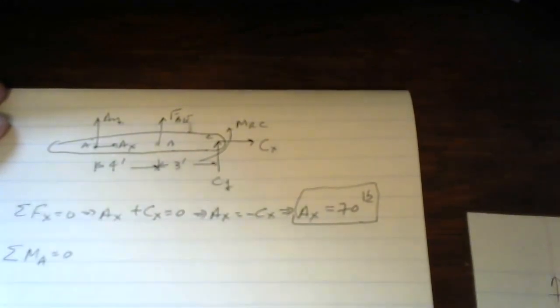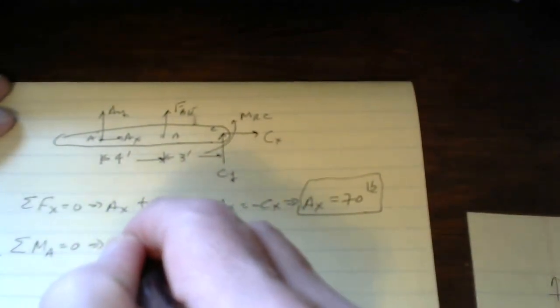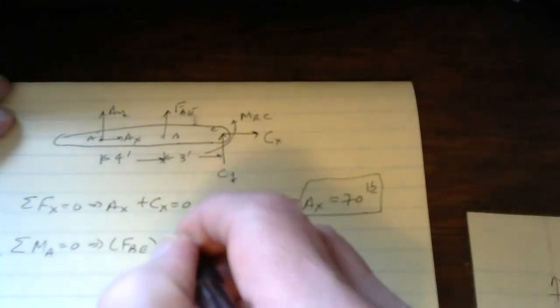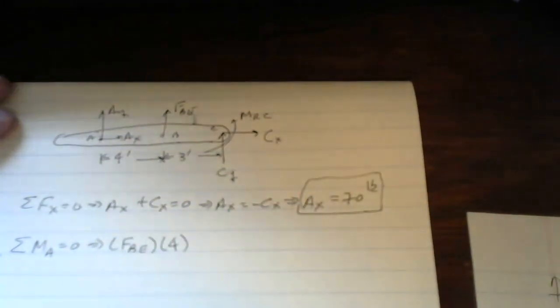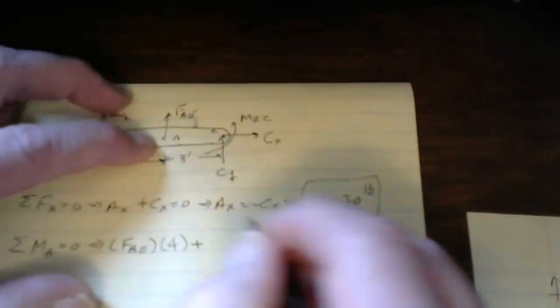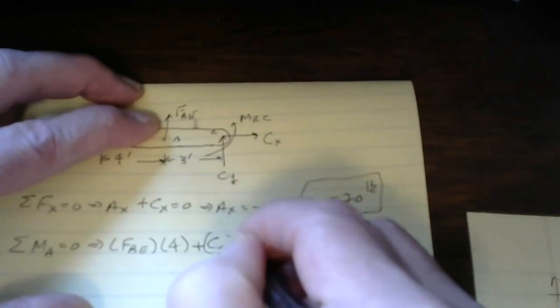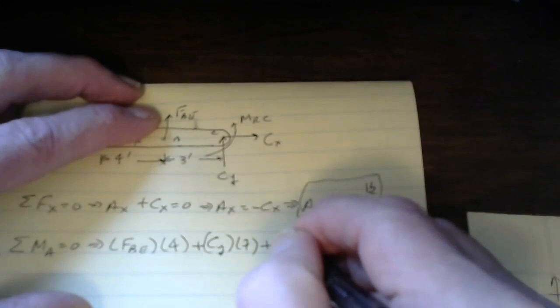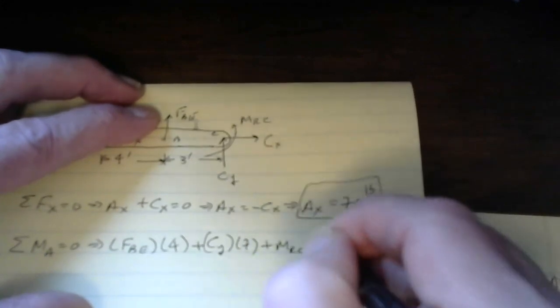I summed around A. There's a moment caused by FBE counterclockwise, which I've taken to be positive. So FBE times 4, CY times 7, plus MRC is equal to 0.